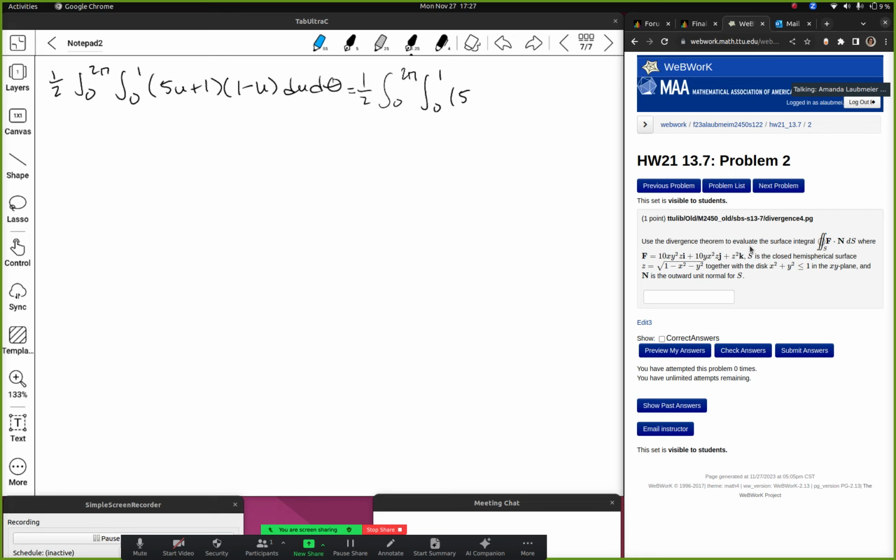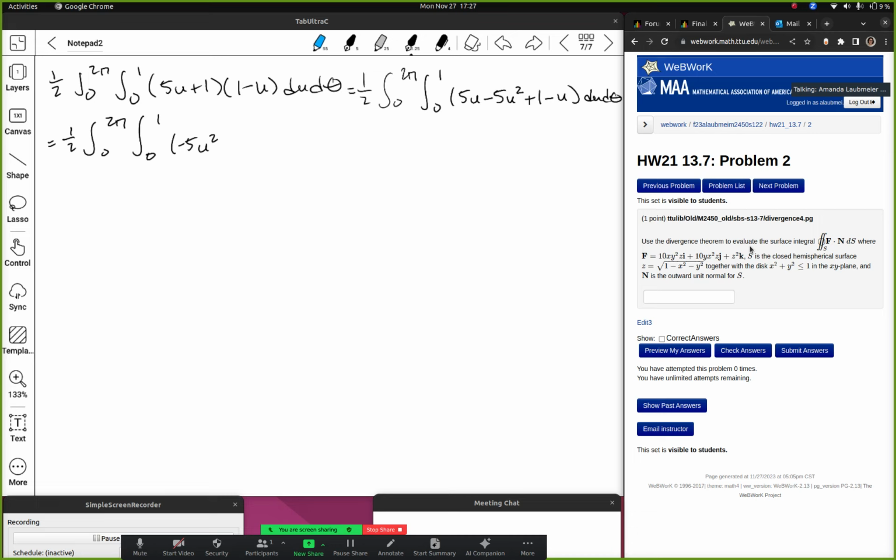I'm going to have 5u minus 5u squared plus 1 minus u, du d theta. So that's minus 5u squared.